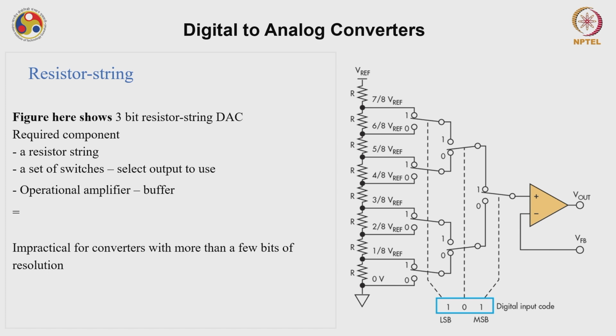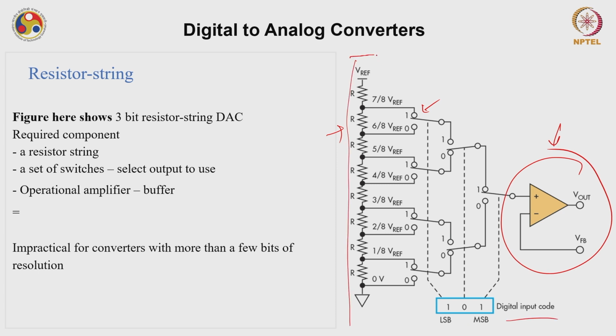So this is a typical example of a resistor string configuration of a digital to analog converter or DAC. It shows a 3-bit resistor string DAC. In this you have various switches and various resistors. There is a buffer kind of comparator, and you have these bits as LSBs and MSBs. This is known as a resistor string, and that's why it has derived its name.